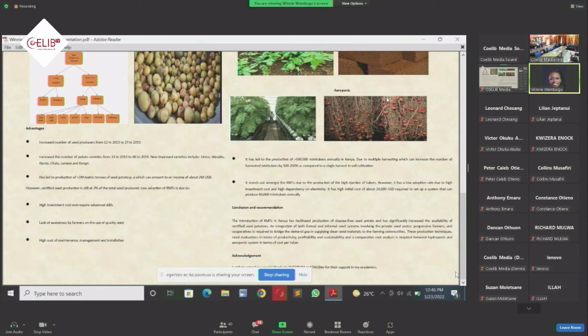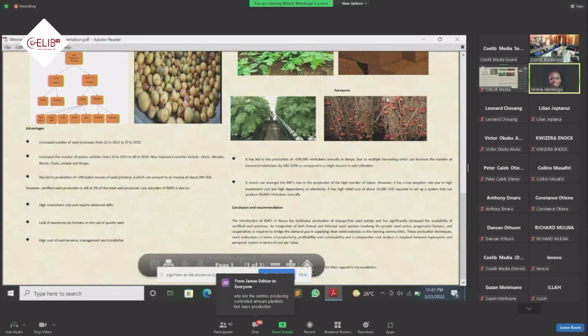Also, these production techniques need evaluation in terms of productivity, profitability, and sustainability, and a comparative analysis can be done between the hydroponic and aeroponic systems in terms of cost per tuber.